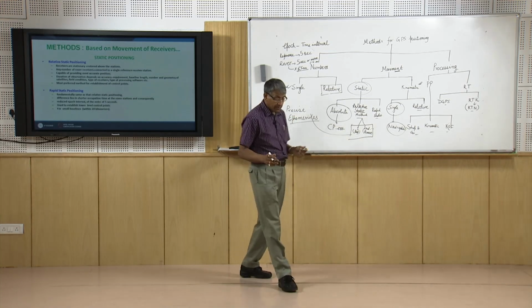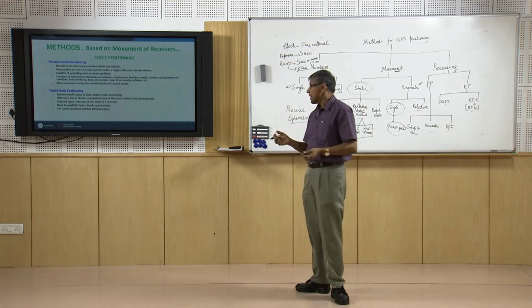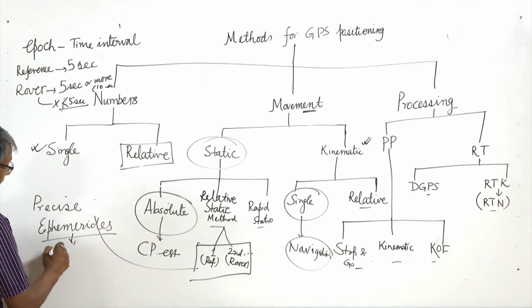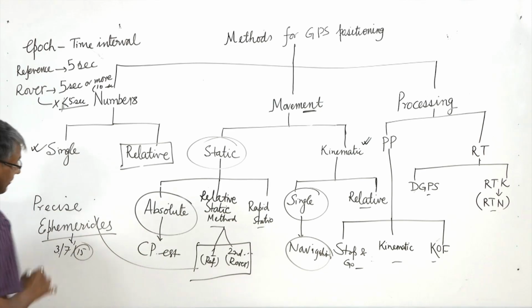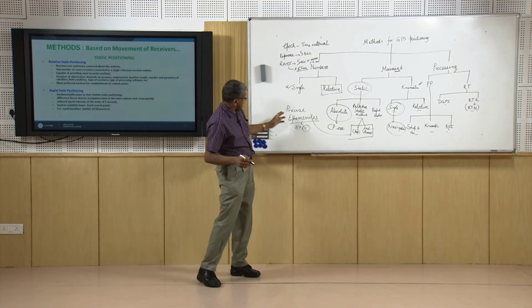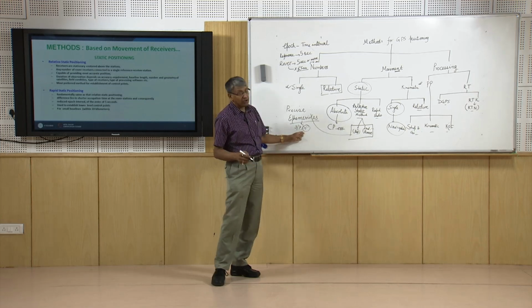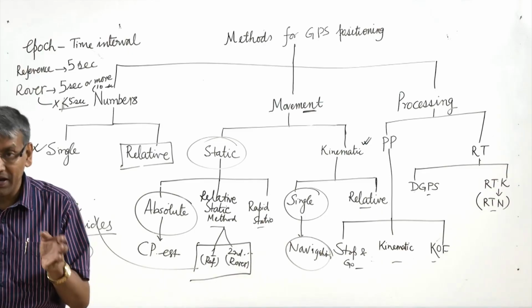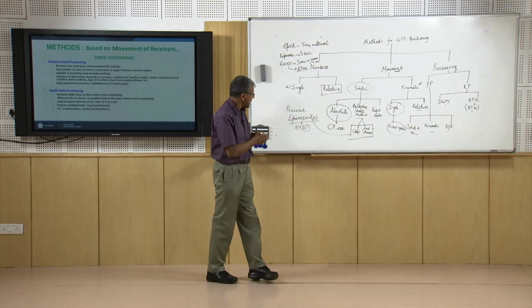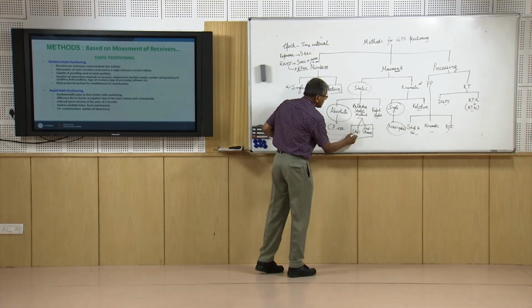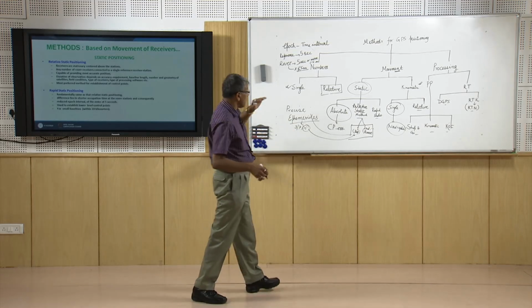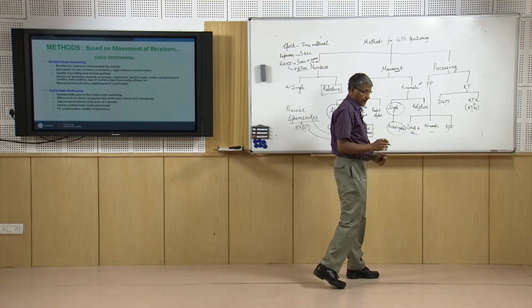Precise ephemerides means precise navigational data, which will be available on internet sites after a defined period, suppose 3 days or 7 days or 15 days. So if I take the precise ephemerides after 15 days, then that is the most accurate ephemerides or navigational data about the satellites, and if we make use of that in relative static positioning, then that will lead us to the most accurate positioning.